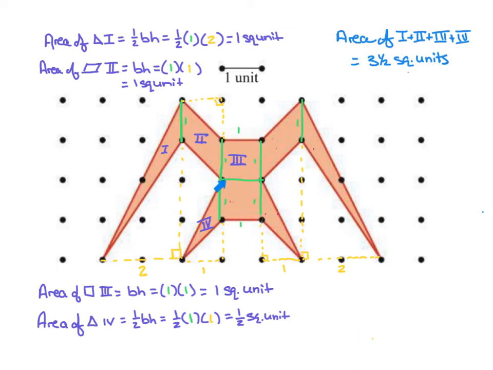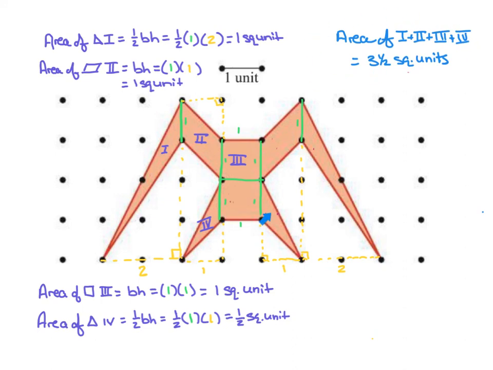And then 4, again we have the base of 1. If I follow it over and up to the vertex not on the base, I'll notice that I have a height here of 1 as well. So 1/2 times 1 times 1 gives me 1/2 square unit for triangle 4. If I added those 4 things together, area 1, 2, 3, and 4, I would end up with 3.5 square units for that part of it.